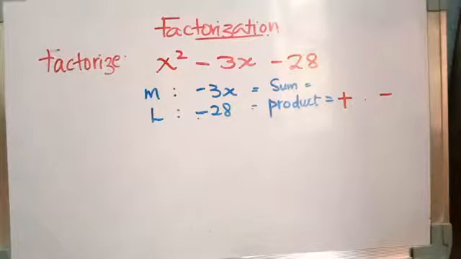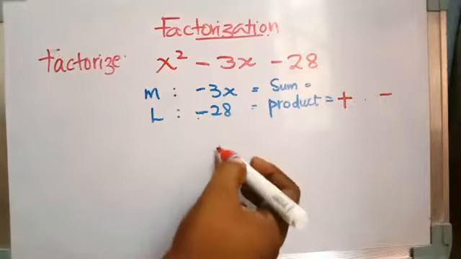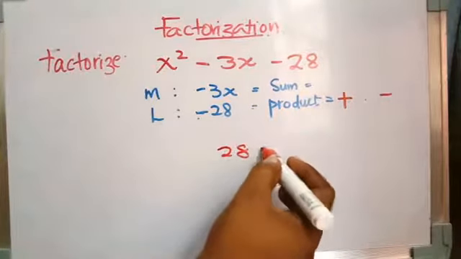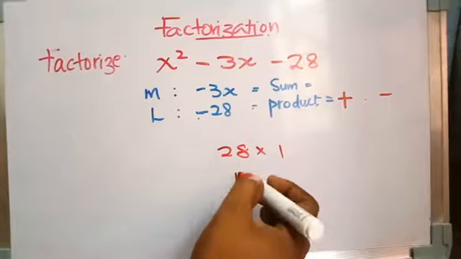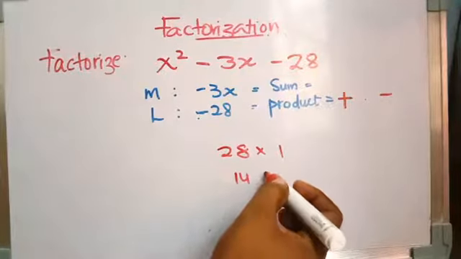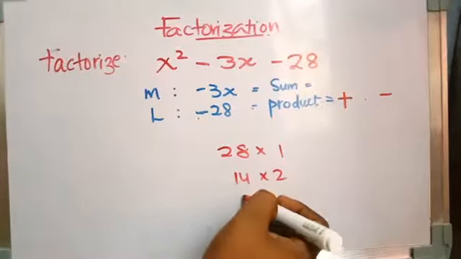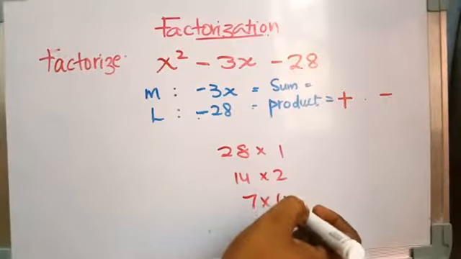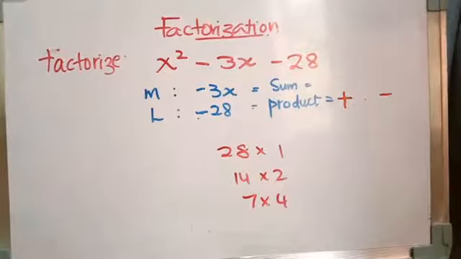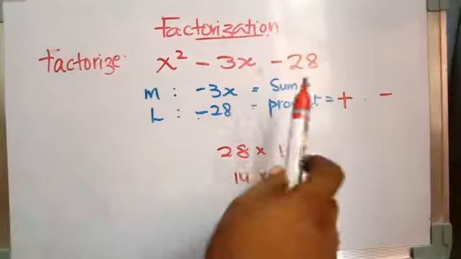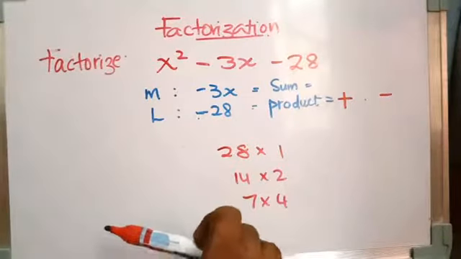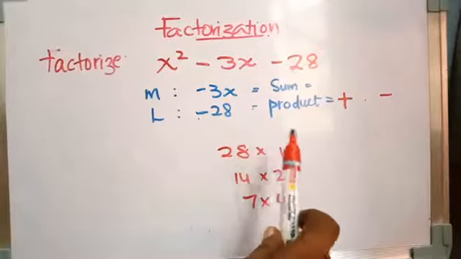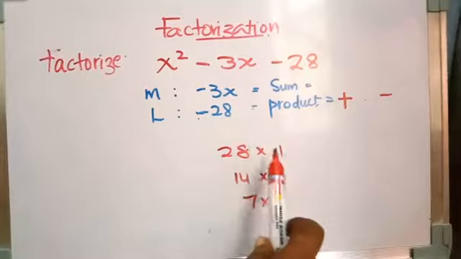To get 28, we have the possibilities like 28 and 1, 14 and 2, 7 and 4. These are the possibilities for 28. Now in this, one should be positive and the other should be negative. That means we have to do the subtraction.